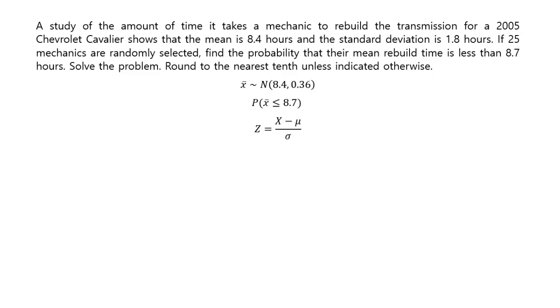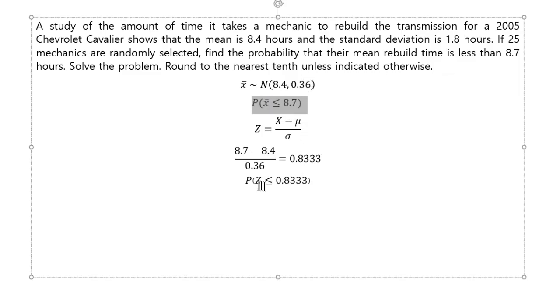So I'm going to use those values and get the value 0.8333. And now this probability translates to this probability, because 8.7 is now changed to a z-score of 0.8333. So saying that x bar is less than or equal to 8.7 is the same thing as the probability that z is less than or equal to 0.8333.